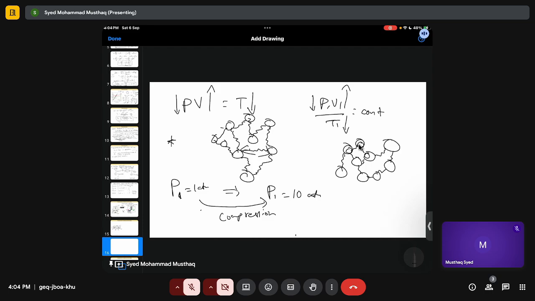Here and here you can see there is a change in length. To push these atoms close together, you need to supply energy. When you supply that energy, it is going to radiate as heat, because of friction or whatever. So some energy is released in terms of heat.